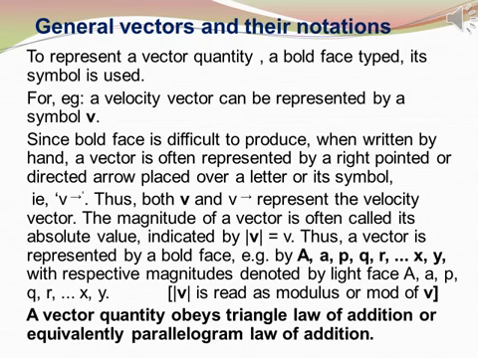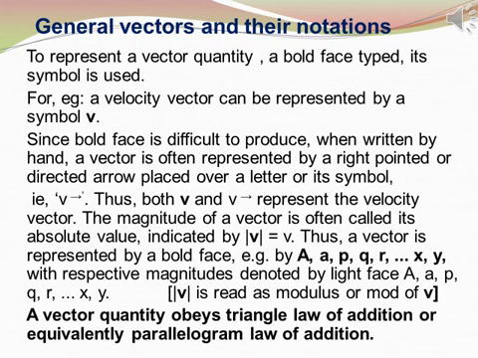Since boldface is difficult to produce when written by hand, a vector is often represented by a right-pointed arrow placed over a letter or a symbol. For example, the velocity vector is represented as shown in the slide. Here, both the bold-faced letter V and the light-faced letter V along with the arrow mark represent the velocity vector.